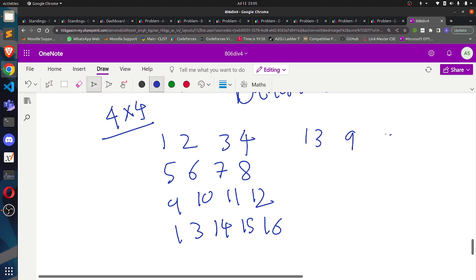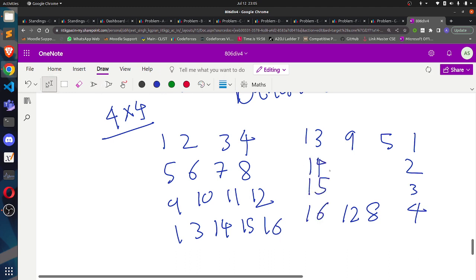13, 9, 5, 1, then 14, 10, 6, 2, then 15, 11, 7, 3, and 16, 12, 8, 4.